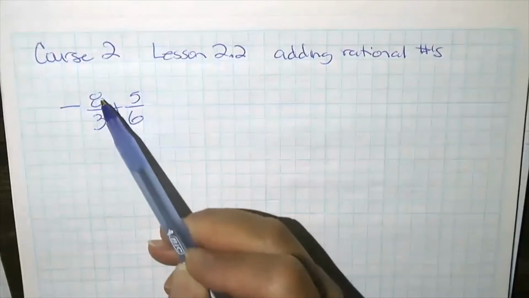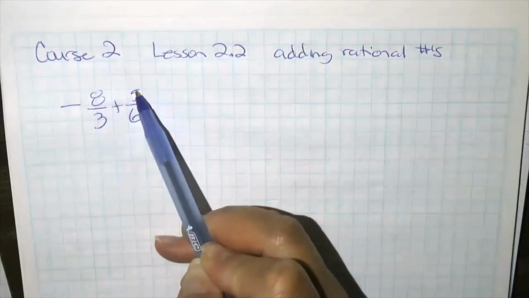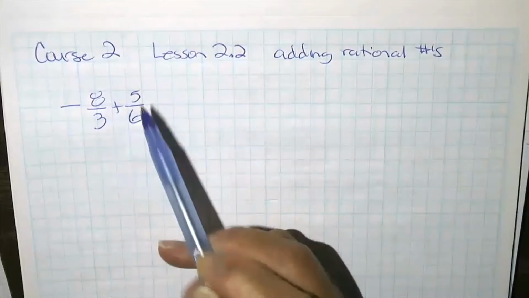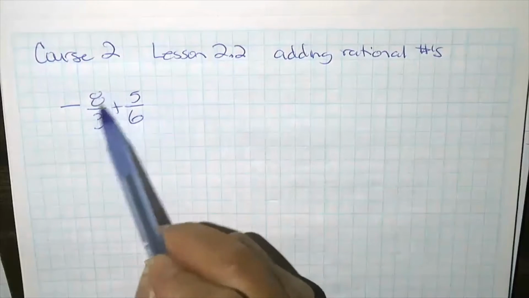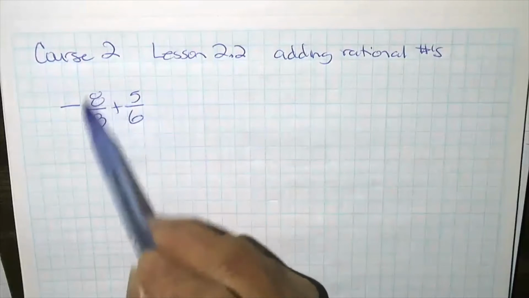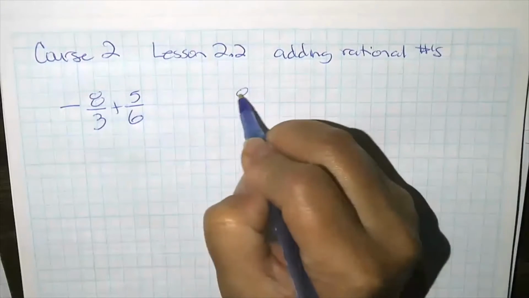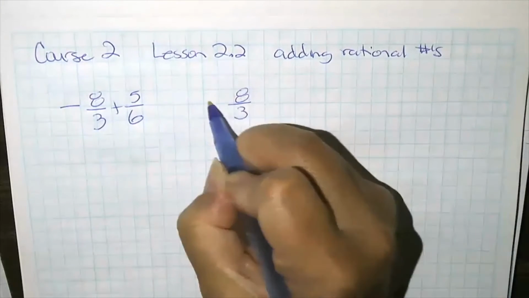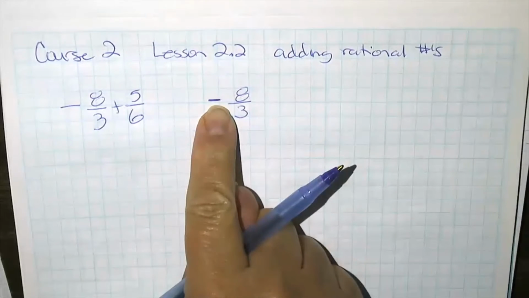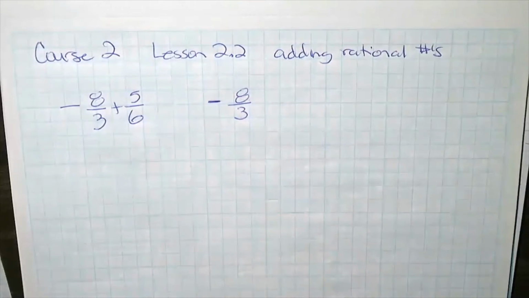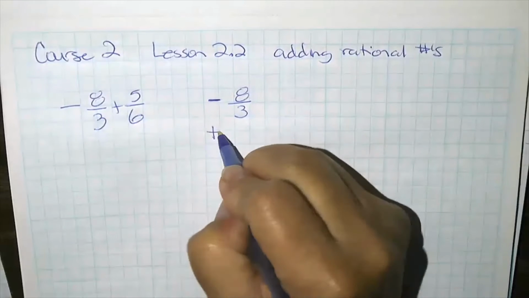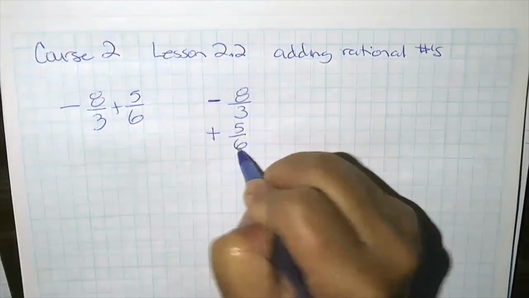So when I look at this, I've got 8/3 and 5/6. This definitely is a larger number. So I'm going to put it on top and keep the sign. As long as I keep the sign, it doesn't matter what's on top and what's on bottom. Plus 5/6.